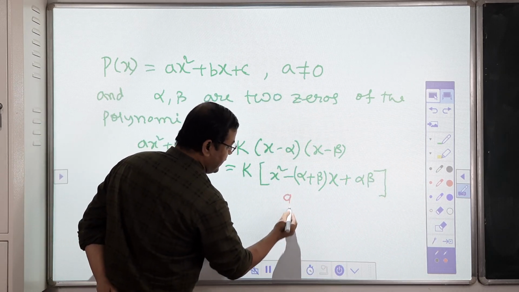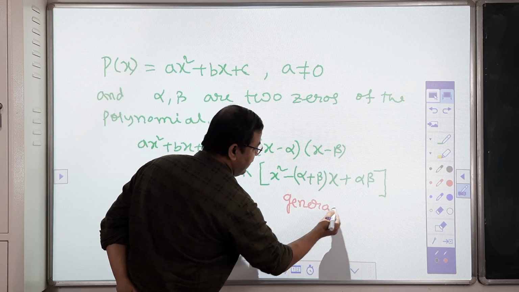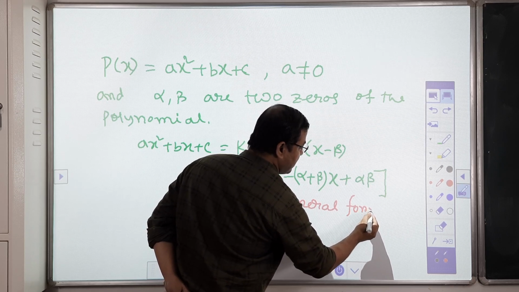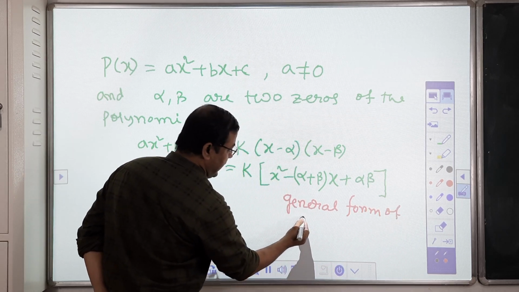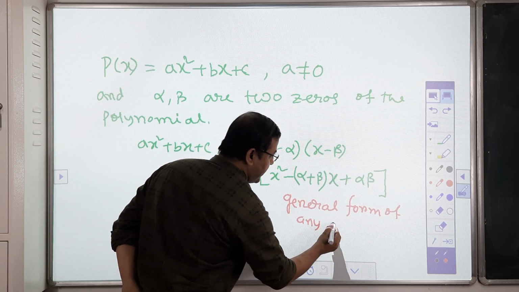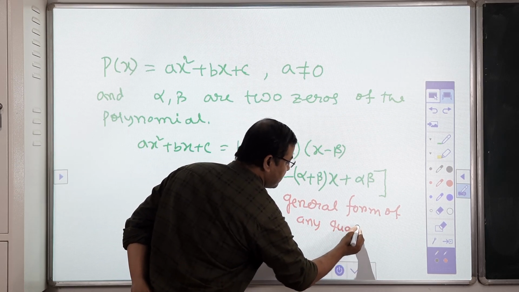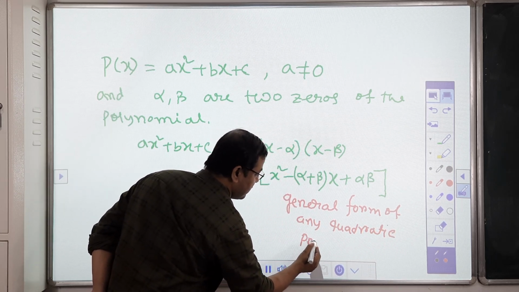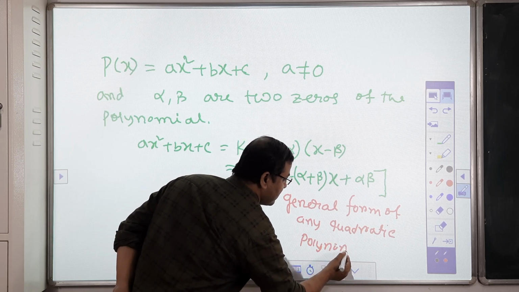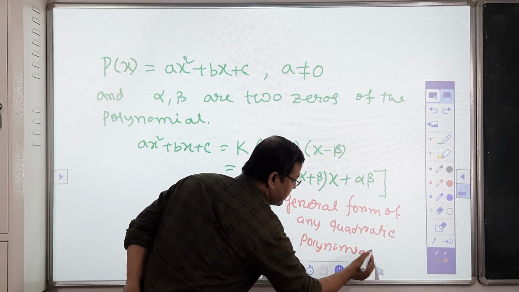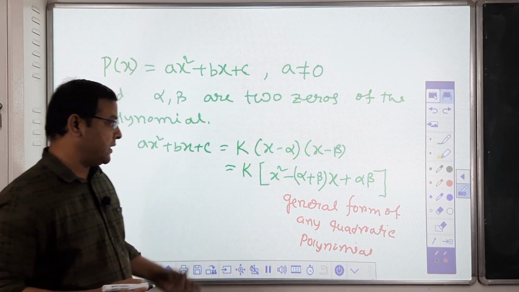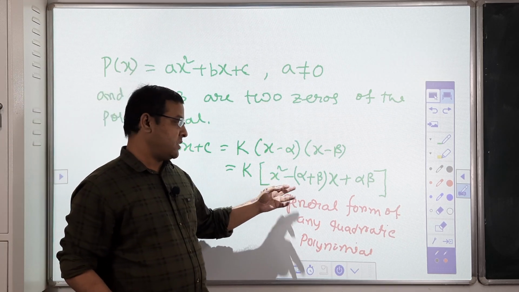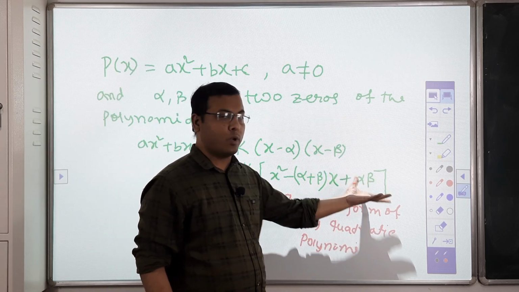This is the general form of any quadratic polynomial: k into x square minus sum of the zeros into x plus product of the zeros.